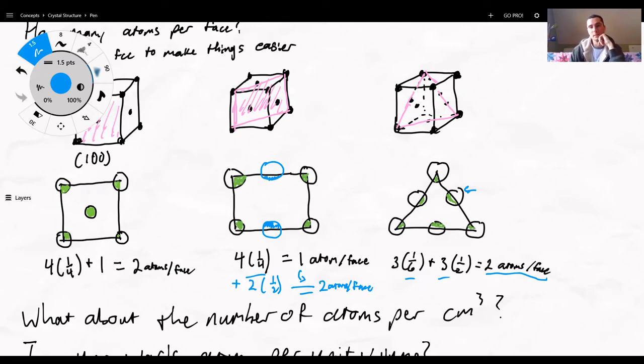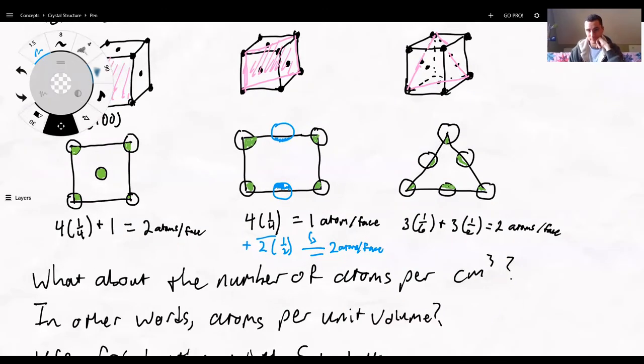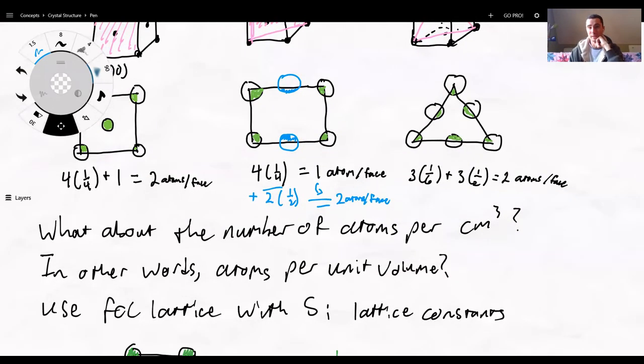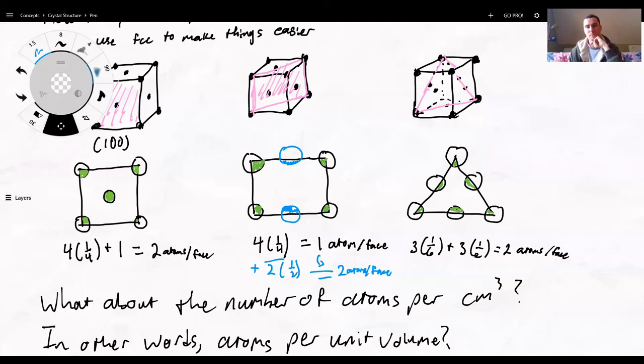So for our simple FCC, we're going to expose the same number of atoms per face on average, but that's not necessarily true for all different systems. And that's how you look at counting them. So on your problem set, you have to calculate the number of atoms per face for a diamond tetrahedral.